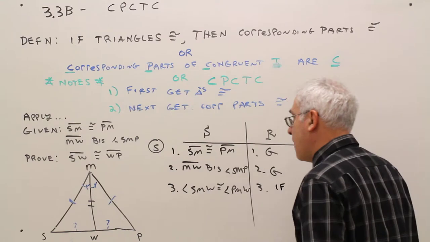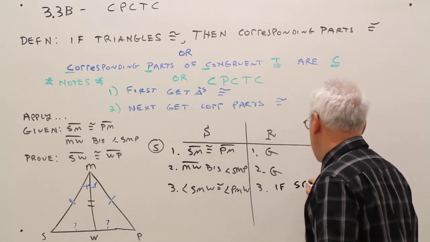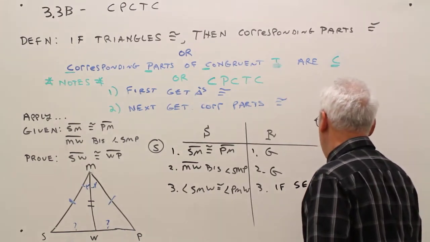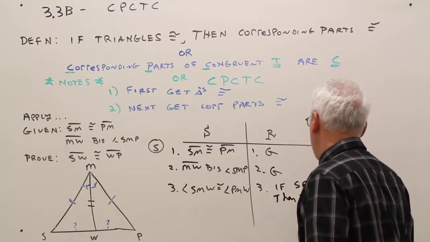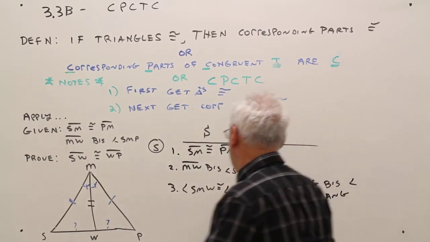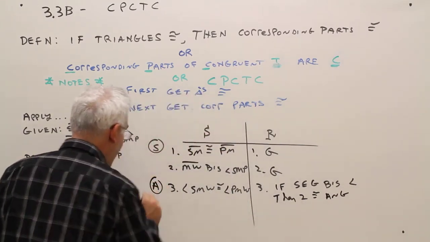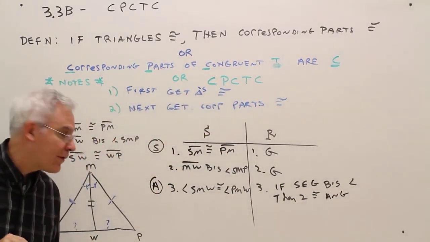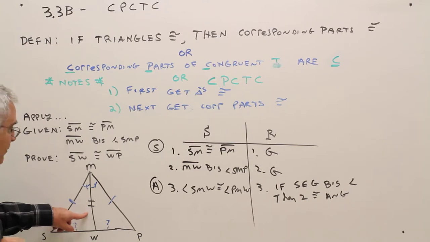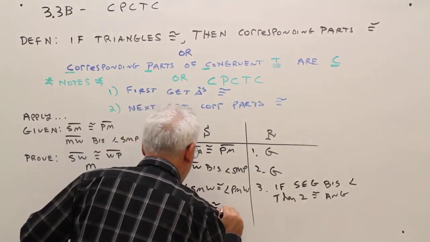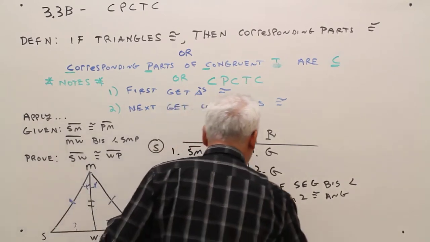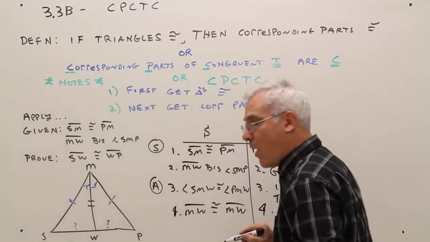So if a segment bisects an angle, then 2 congruent angles. So I've established the A in SAS. And then finally I'll get MW to be congruent to MW. Reflexive property.